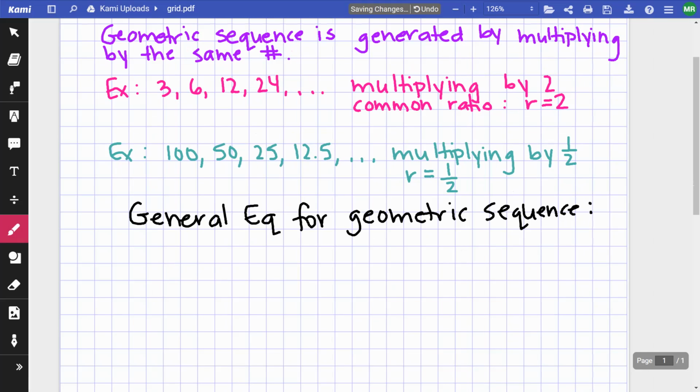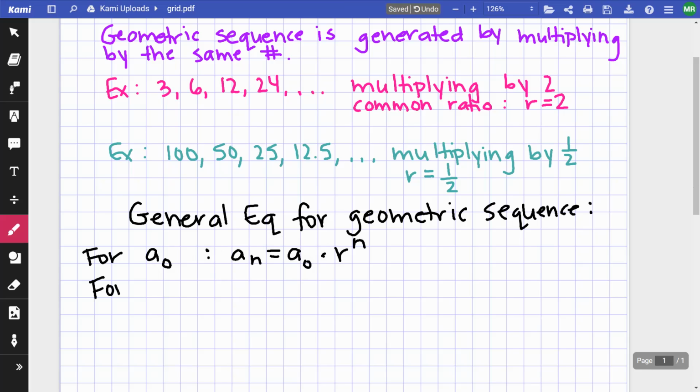So if I'm starting with a sub 0, then a sub n is equal to a sub 0 times r to the power n. That's for a sub 0.